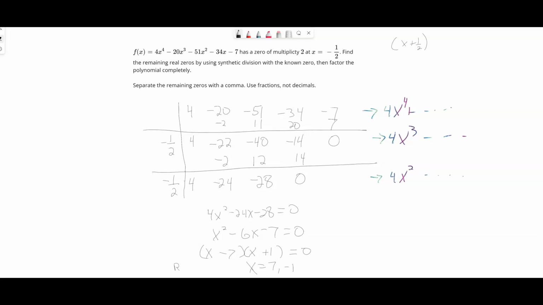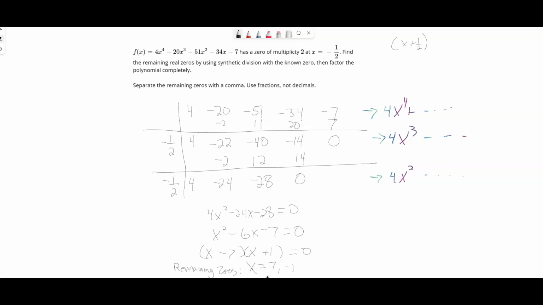So the remaining zeros are 7 and negative 1. You don't even have to have the x equals, and you could put set brackets, all sorts of things. But the remaining zeros are 7, negative 1.